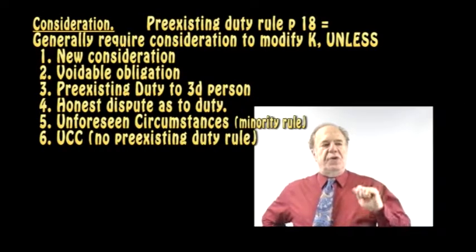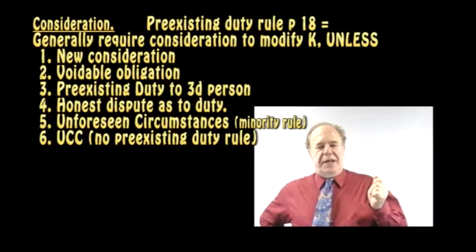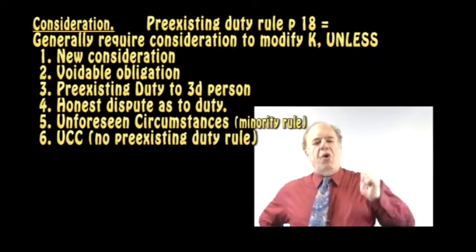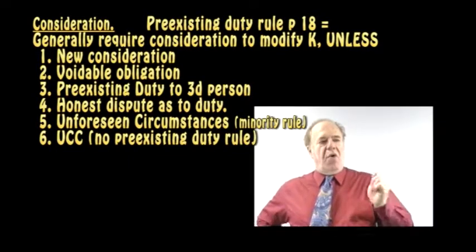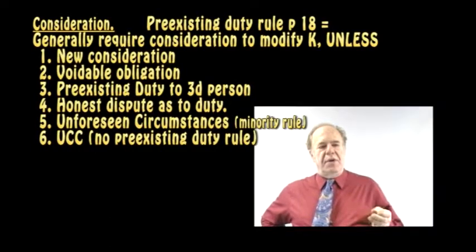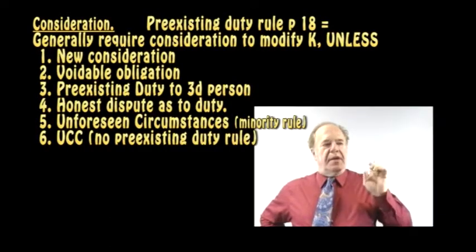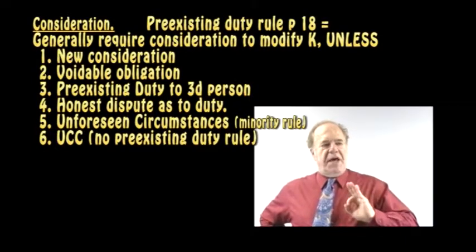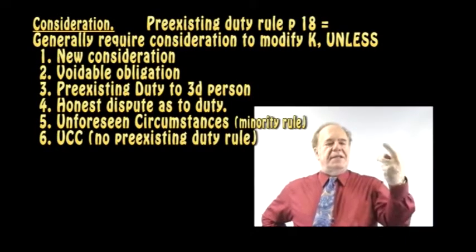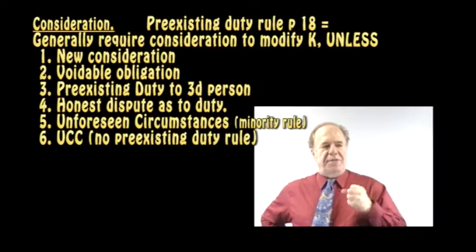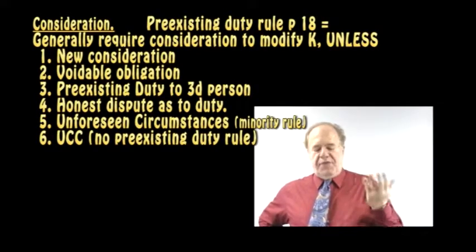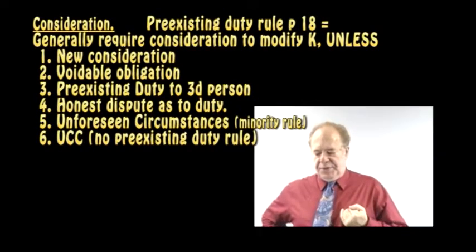If I have a duty to do something, and then I say, give me more money for doing that which I already have a duty to do, unenforceable. To modify a contract, another way to put the very same thing, there needs to be consideration for the modification. I'm saying, I have a duty, we've agreed I will paint your house for $5,000.